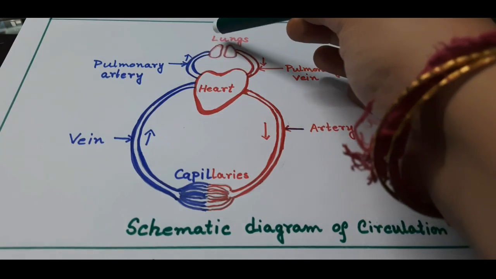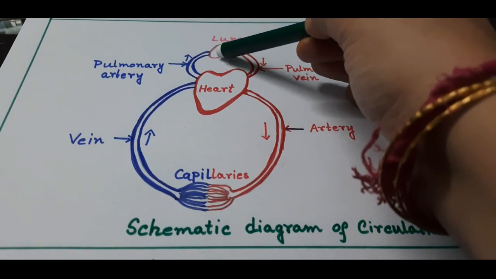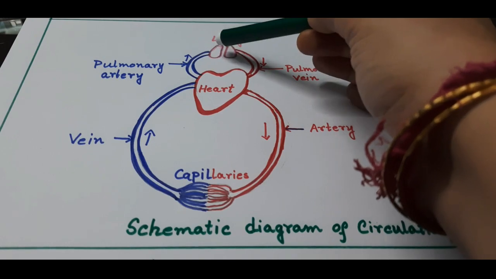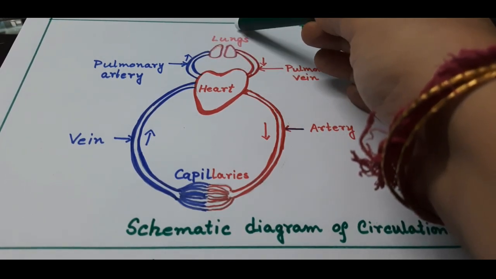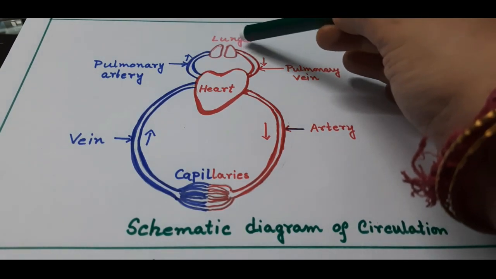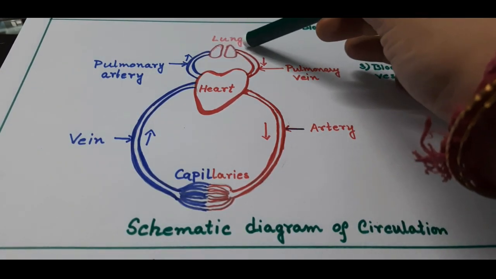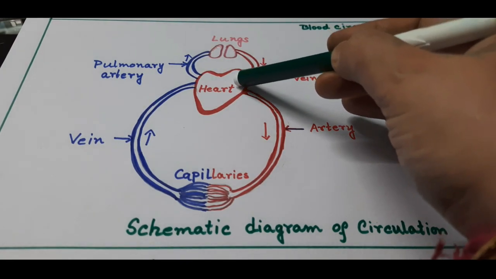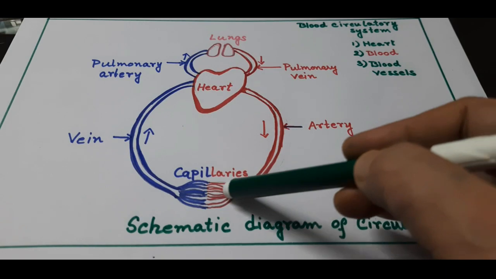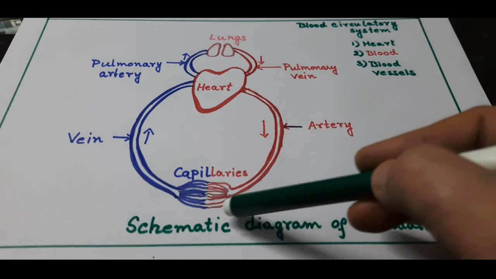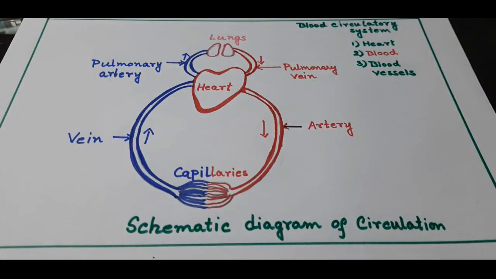That means the blood will take oxygen and give out carbon dioxide which will be expelled out of our body. Now when blood is oxygenated in the lungs, through the pulmonary vein, it will be brought back to the heart. Again from the heart through the artery, it will be carried to the cells. Thus circulation goes on in our body.